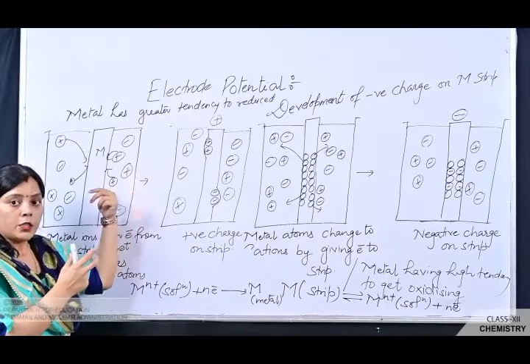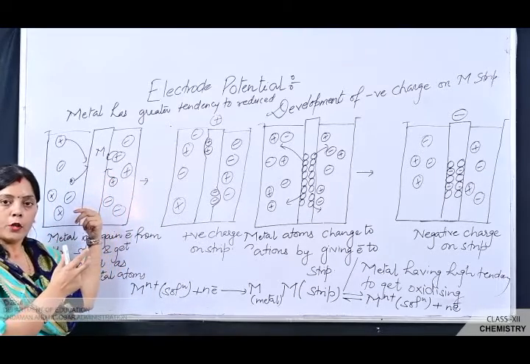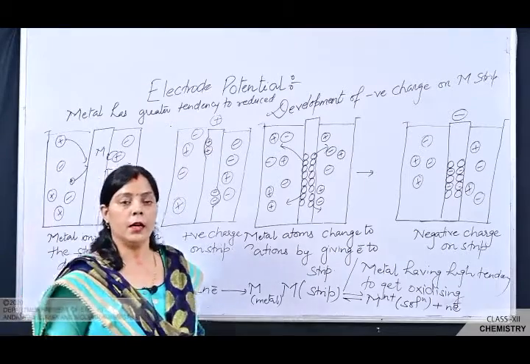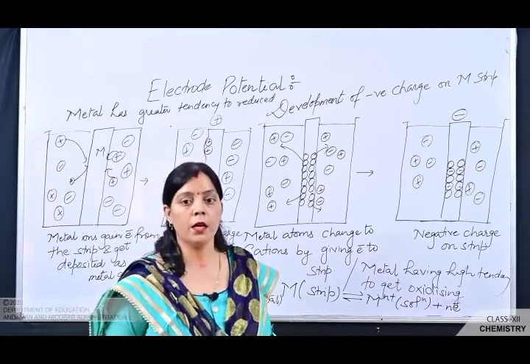After that, ultimately a net positive charge is developed on the metal strip, and in this way the metal strip develops the positive charge.